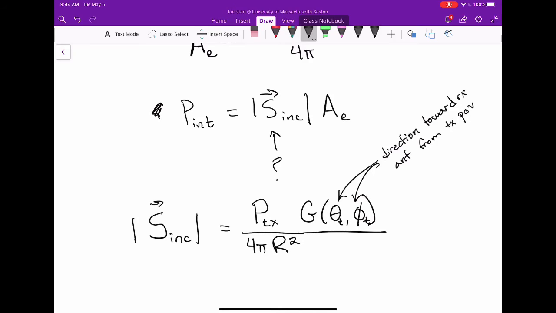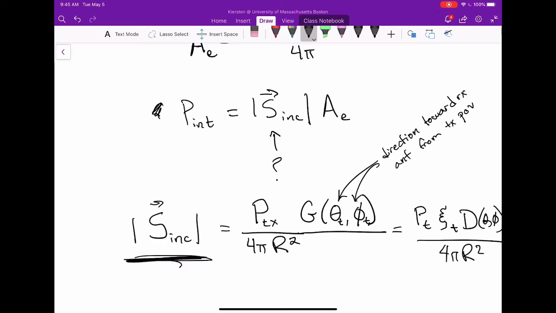So that gets us our incident power density. We could also write this if we wanted to split out the gain into its efficiency and directivity. We could write it as PT times xi t times directivity over 4 pi r squared. That would be fine too.